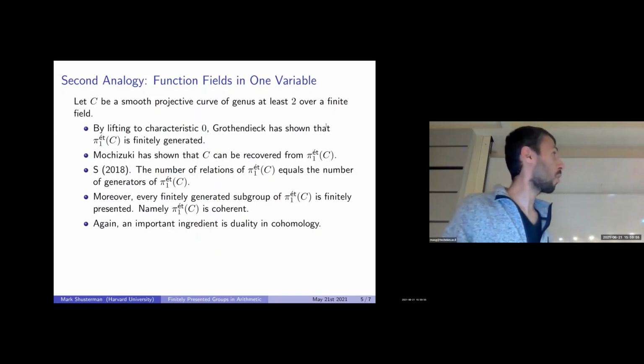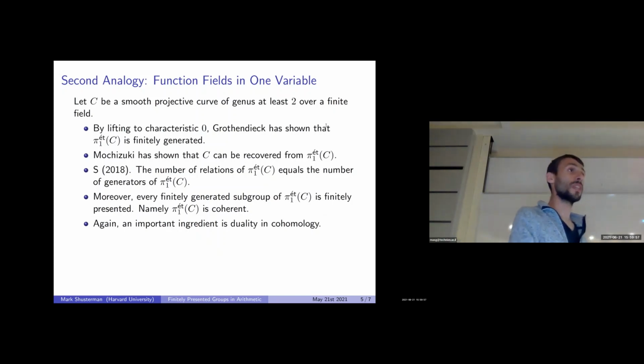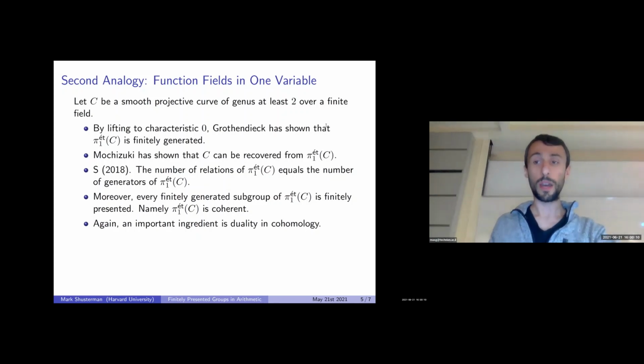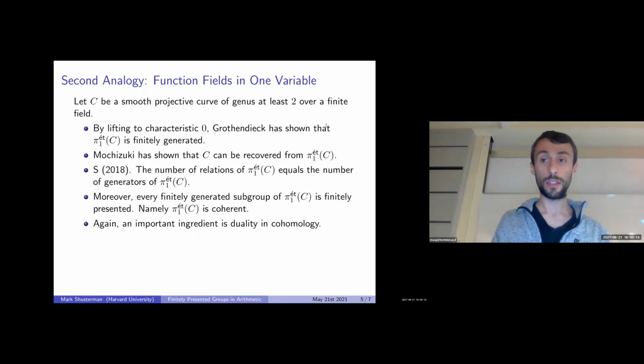But I don't yet know what the right analogy is, because in this case it's somehow vacuously true, but it doesn't mean that there isn't some more sophisticated question that is really hiding here. So I really don't know. There are some other questions which I don't know how to create the analogy of.